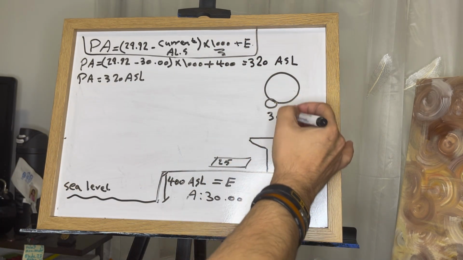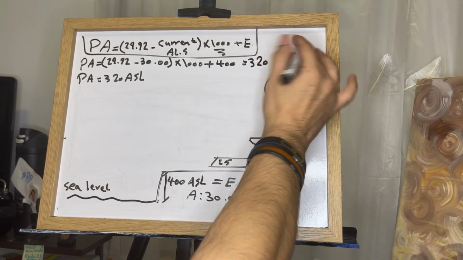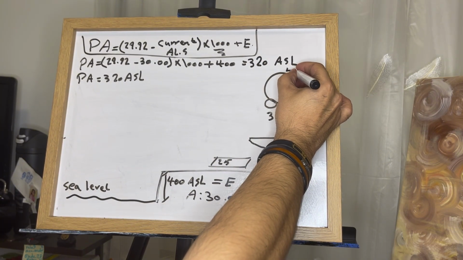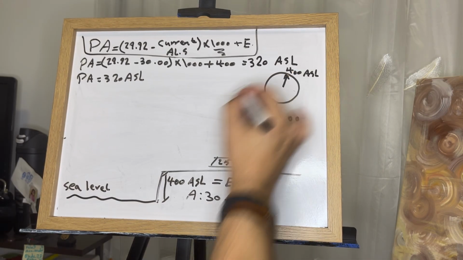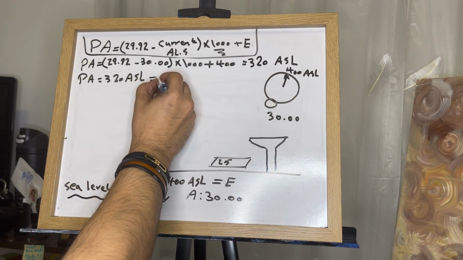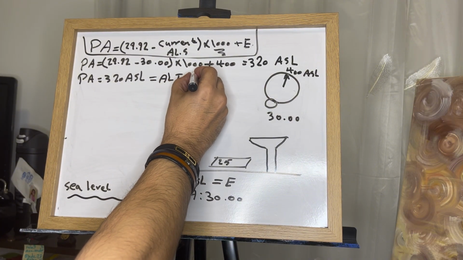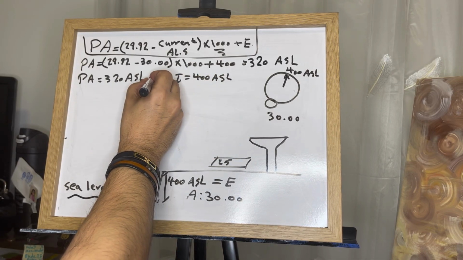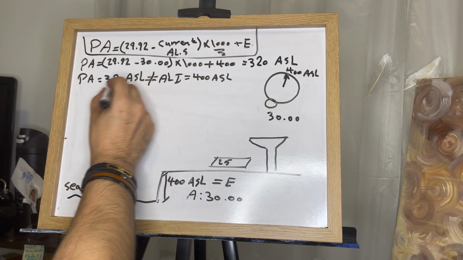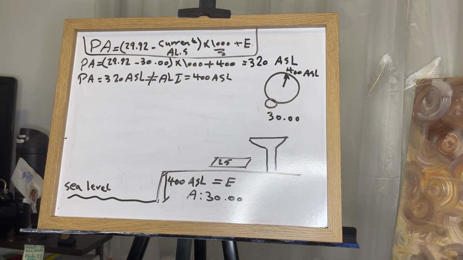So when set to 30.00, the altimeter shows approximately 400 feet above sea level. So the altimeter indication, or true altitude, equals 400 feet above sea level. We can see these two numbers are not equal because we are not at standard atmospheric pressure.